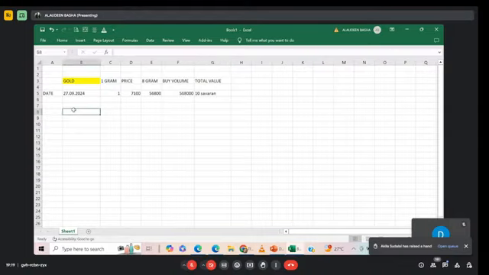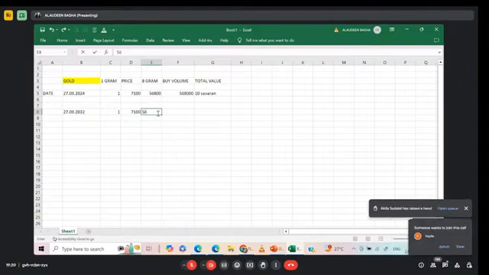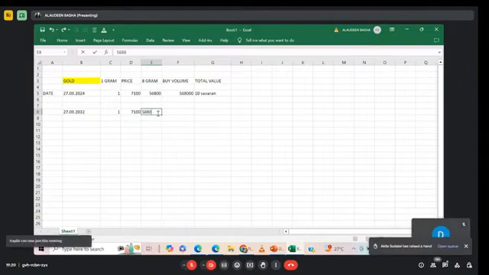24 plus 8, 32. Correct? Yes. The same 1 sovereign in 2032 also is 56,800, assuming the same rate.